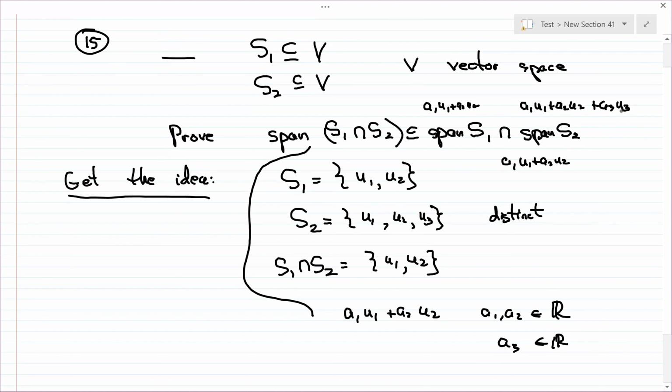If you add A3 U3, you'll be in here, but you have no guarantee that you'll be in the other, because those are just linear combinations of these two vectors. But A1 U1 plus A2 U2 is in here for sure, and in here by taking A3 to be 0.